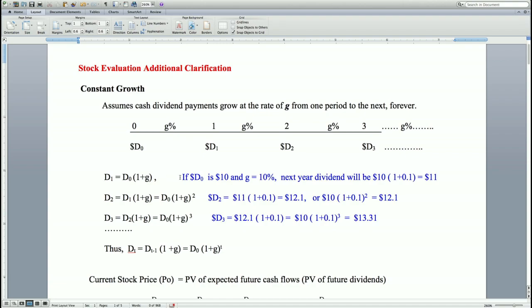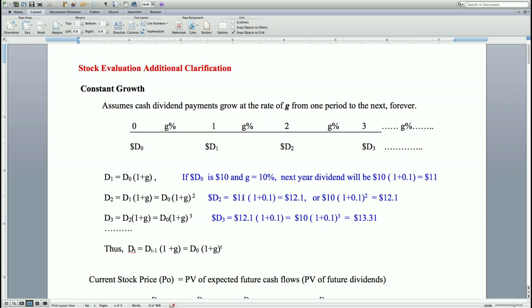One example: if the current dividend, or today's dividend, is $10, and the growth rate is 10%, then the next dividend, or D1, will be $10 multiplied by 1 plus G, 10%, that's $11. And then D2, from D1, we add G% more.